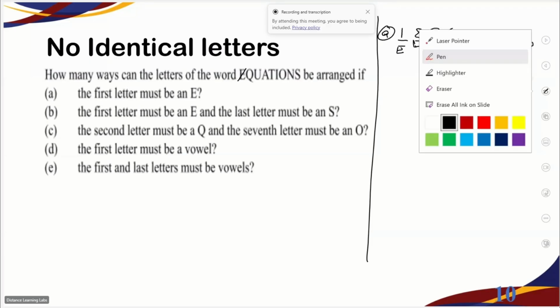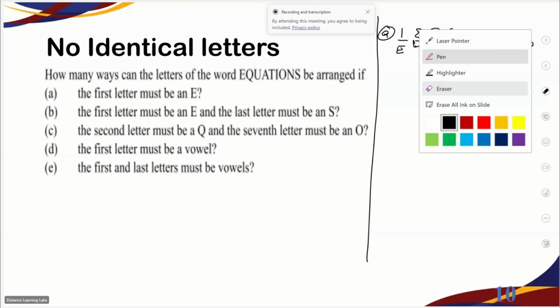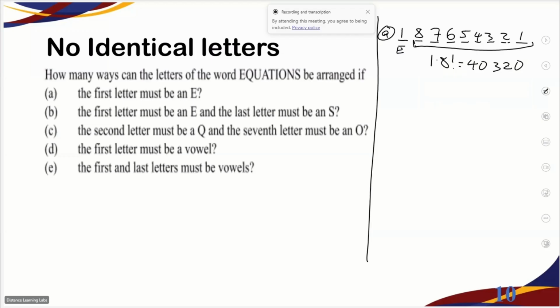Now, the second example says the first letter must be an E, and the last letter must be an S. Now, there are 2 positions that are restricted: the first position and the last position. 1, 2, 3, 4, 5, 6, 7, 8, 9. 9 spaces for 9 letters.